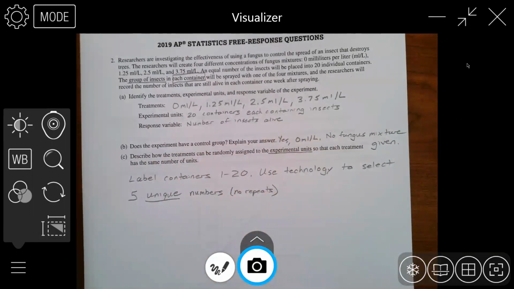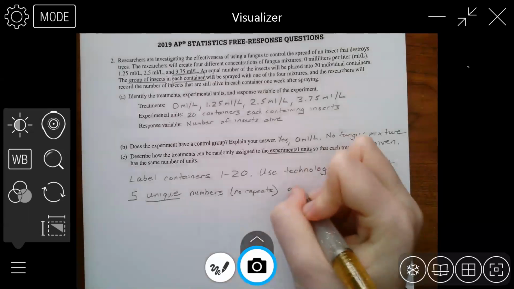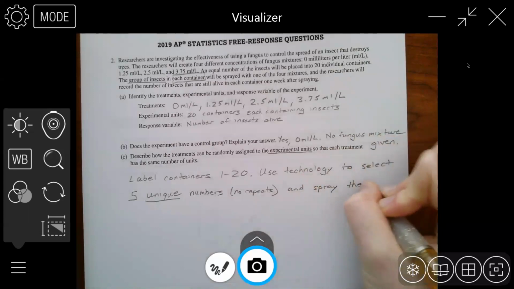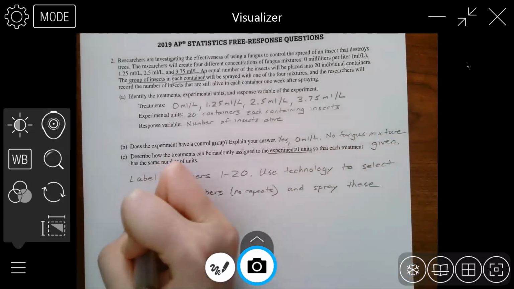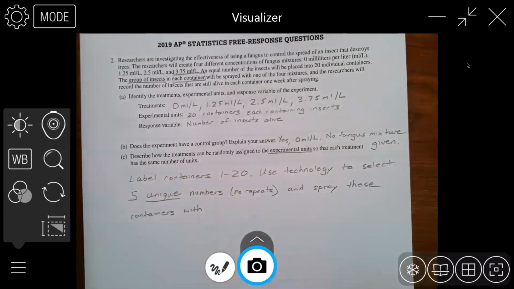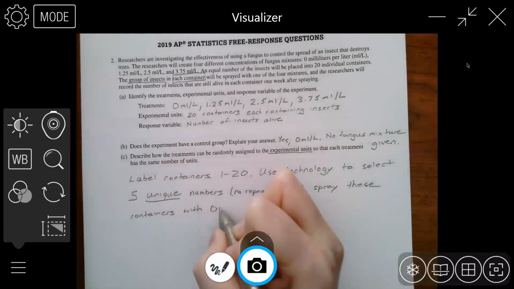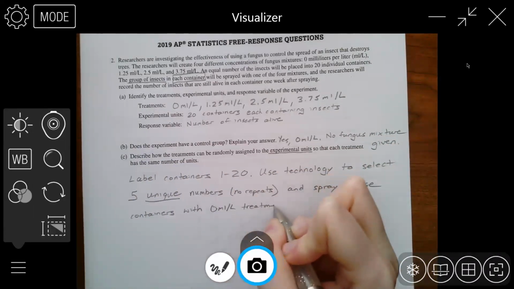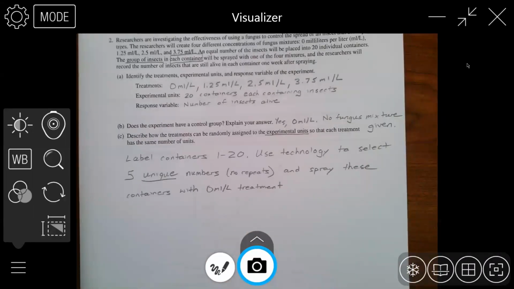We're covered, okay, no repeats. Now, remember, you always have to link that to the treatment group, okay? So 5 unique numbers and spray these containers with, well, we could say the 0 milliliter treatment, meaning spray with nothing, right?